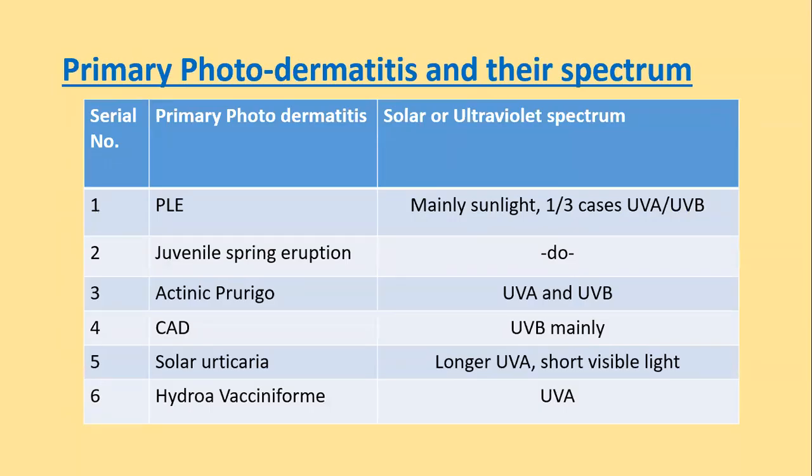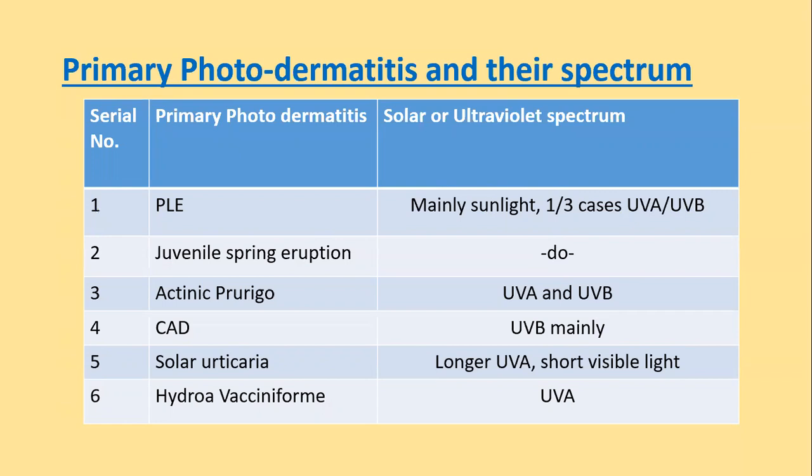So this table I deliberately placed here to highlight the importance of understanding the solar or ultraviolet spectrum of these primary photodermatoses. In polymorphic light eruption, it is mainly sunlight, and in 1/3 of the cases UVA and UVB. Same is the case with juvenile spring eruption.